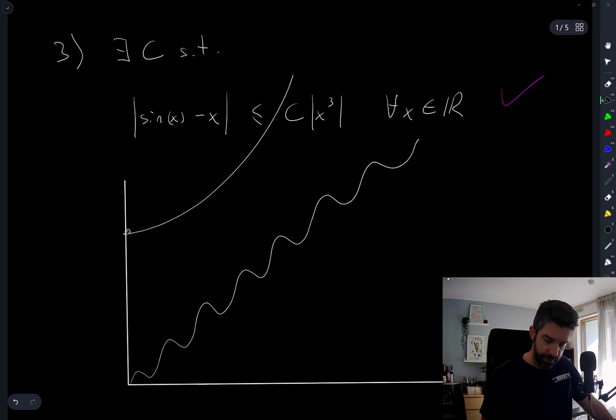I don't remember. But this is a more direct way of seeing that sine x minus x will be bounded by this cubic, is just actually figuring out what the graph of this thing looks like.